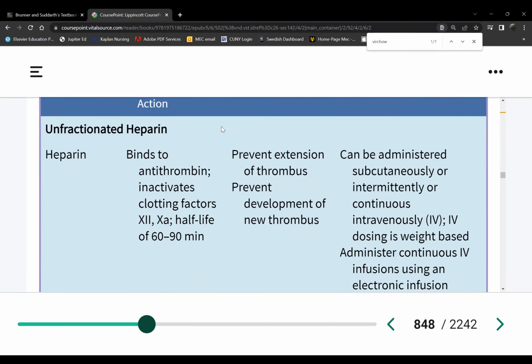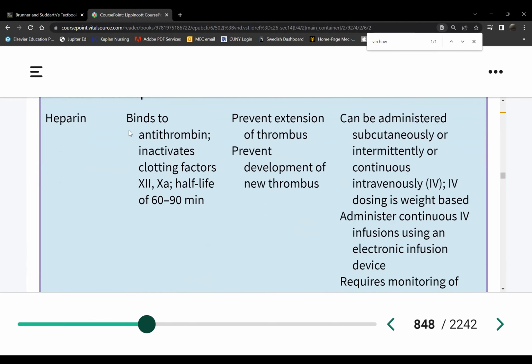Low molecular weight heparin. Unfractionated heparin is a thrombin inhibitor. Here, it's antithrombin. It inactivates clotting factors 12 and 10A, and has a half-life of, look at the half-life, 1 to 1.5 hours only.